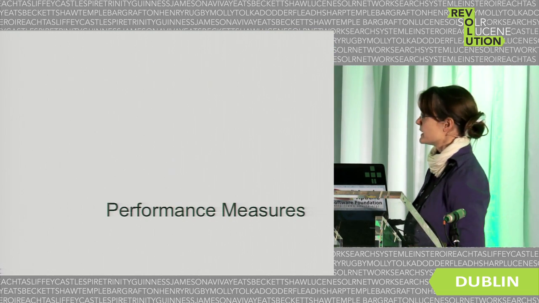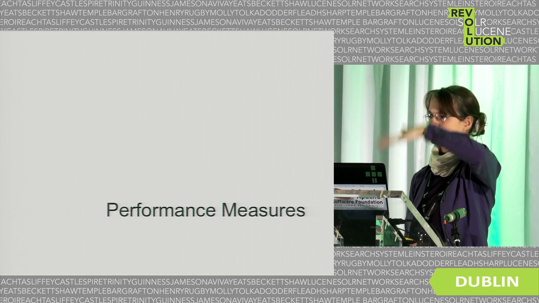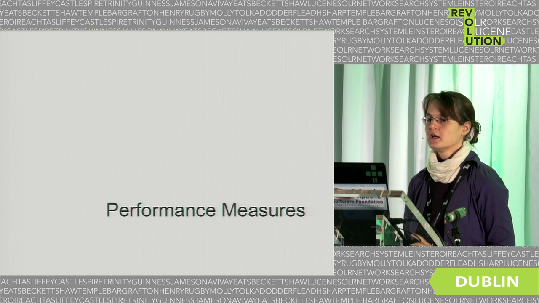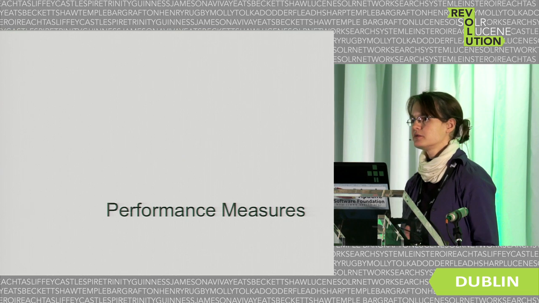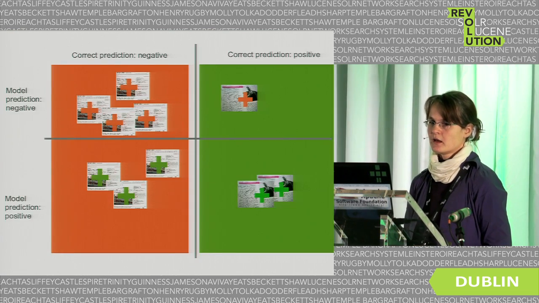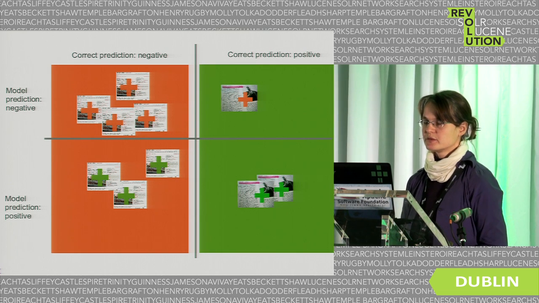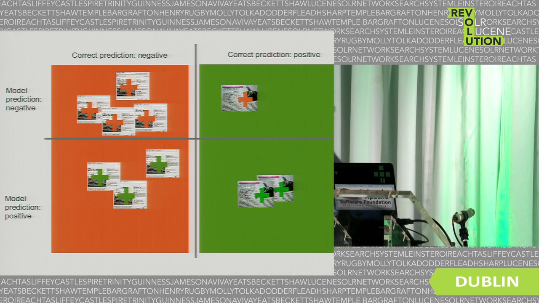There are some standard performance measures, because now we've only talked about the process, we haven't talked about the actual metrics. You may want to tweak them according to your cost model. In order to explain these performance metrics, imagine again your training set and what your classifier does to it.